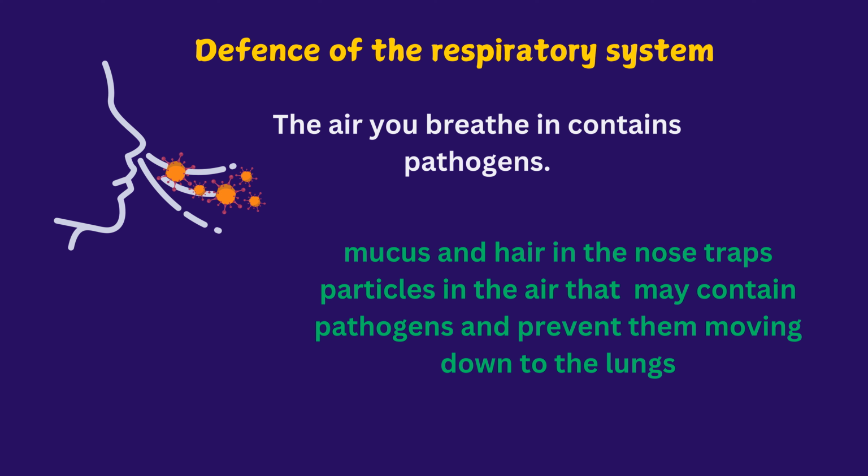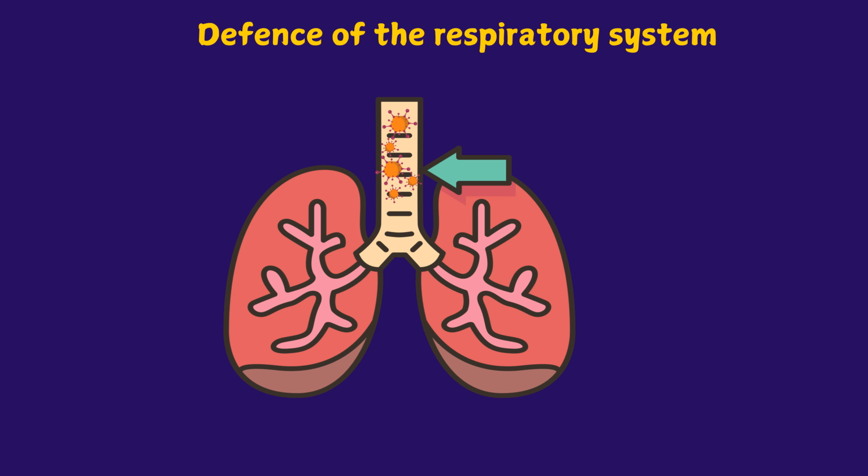The mucus is a sticky substance. So as you breathe air in, the particles may contain pathogens. These particles will get trapped in that sticky mucus and they will be prevented from entering the lungs.